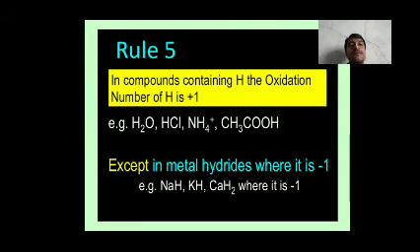In these molecules, hydrogen's oxidation number is always plus 1, except with first and second group atoms. In metal hydrides, where it is minus 1: sodium hydride, potassium hydride, calcium hydride.